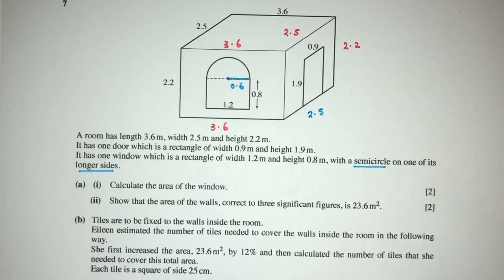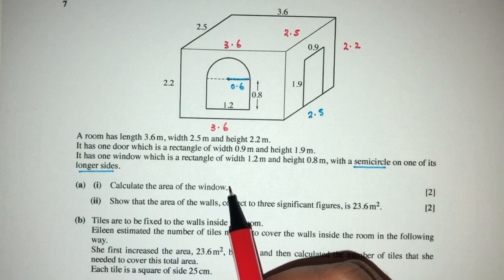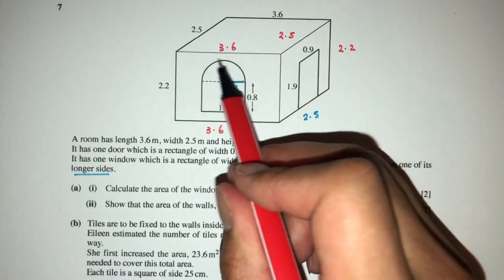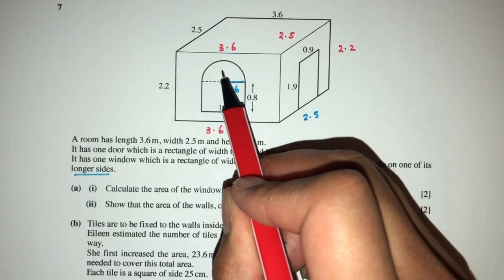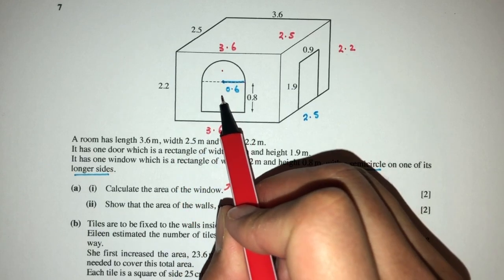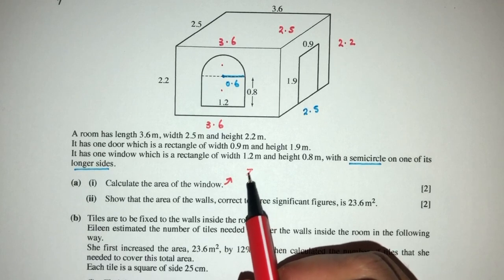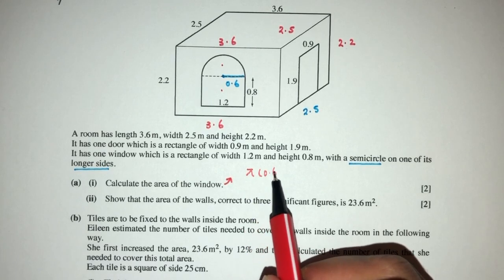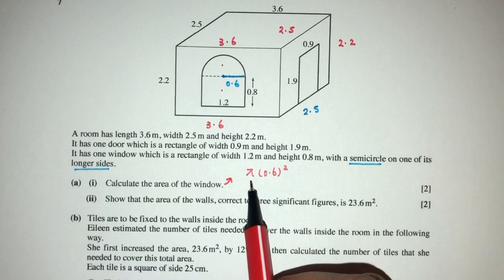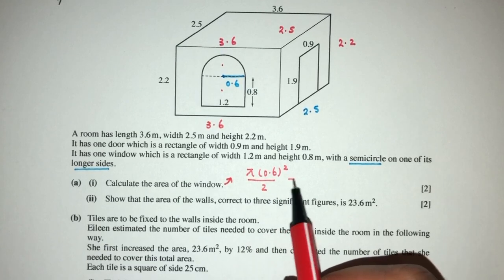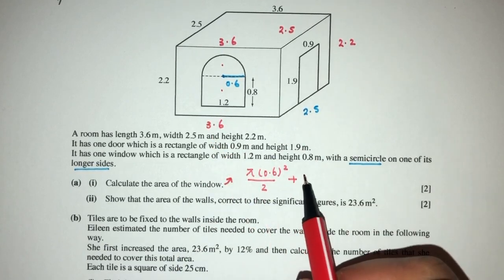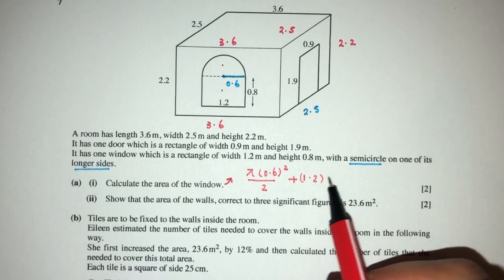Now for part 1, calculate the area of the window. So pretty easy. The window is in 2 parts. This is the semicircle area and the rectangle area. So one by one, how do you find the area of a circle? It is pi r squared. Now because it is a semicircle, we have to divide by 2. Plus the area of the rectangle is 1.2 times 0.8.